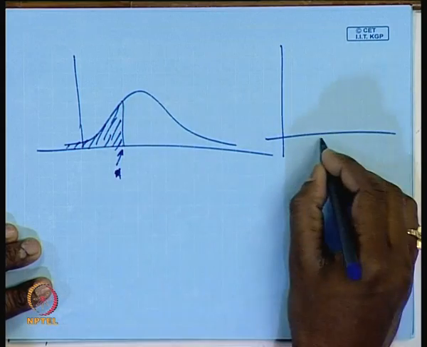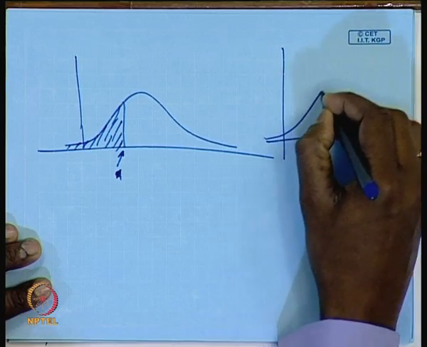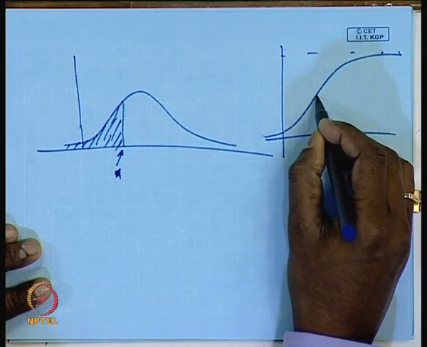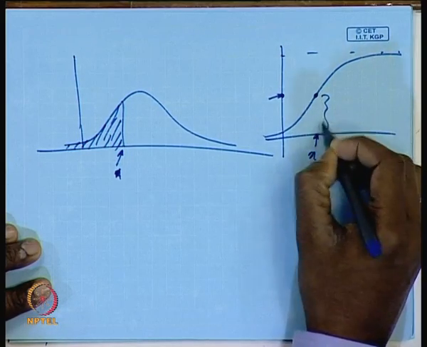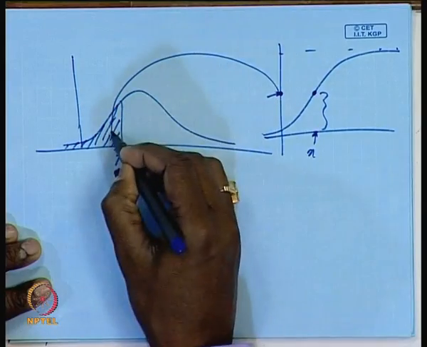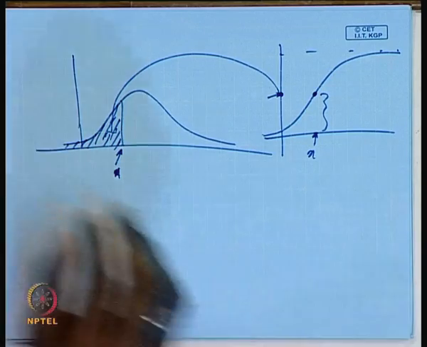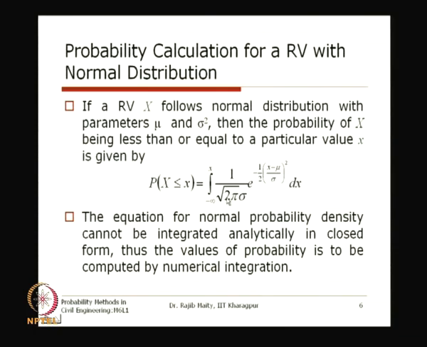So, if this x corresponds to here, now in the CDF curve that we obtain, this ordinate, this height or this value, is nothing but equal to this area. So, this is how the PDF and CDF are related. This integration is basically referred to as the area under the curve so far as the PDF is concerned, and the ordinate value in case of the CDF.